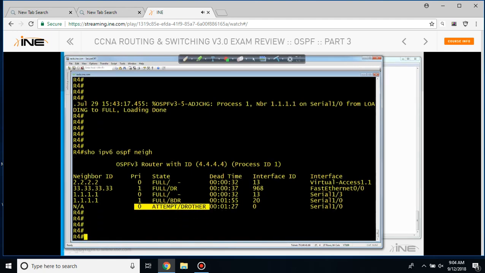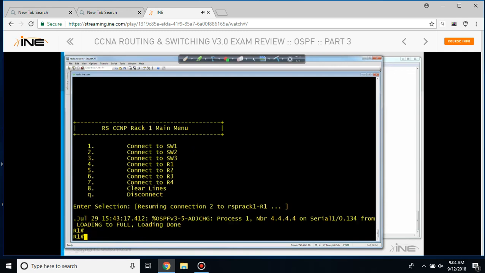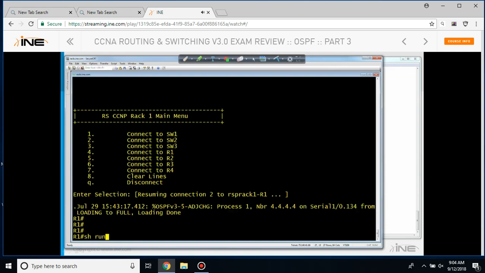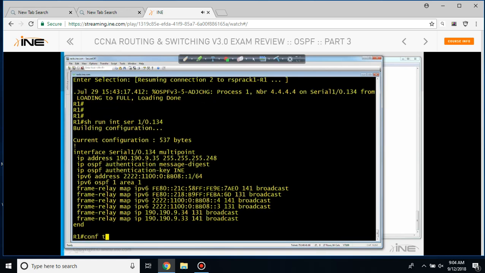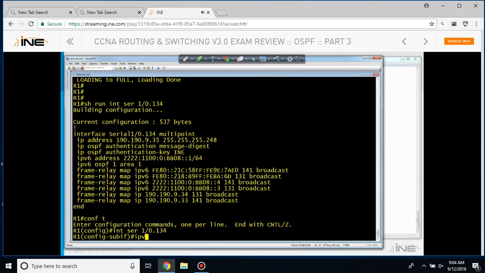So while we're waiting, I'm going to go over to router 1. Show run interface serial 1/0.134. Interface serial 1/0.134, IPv6 OSPF neighbor, and this, 131.